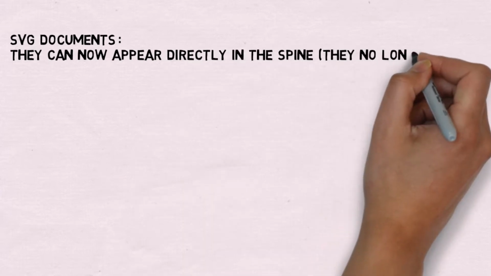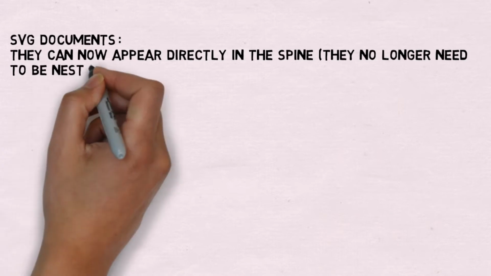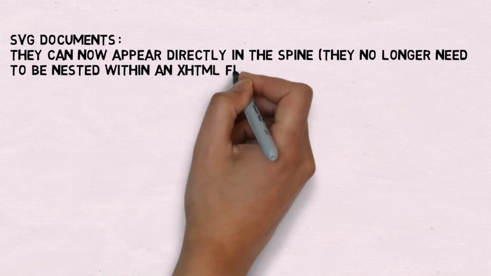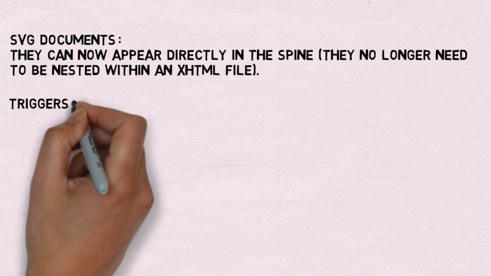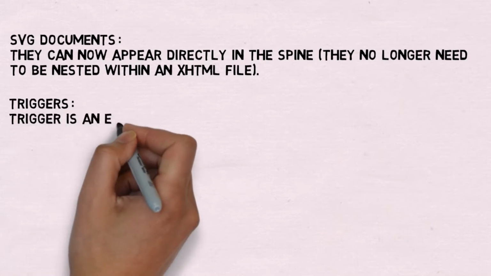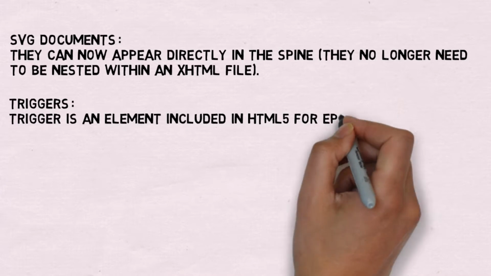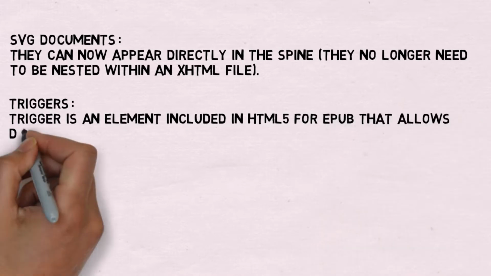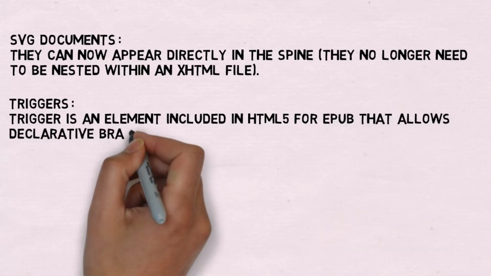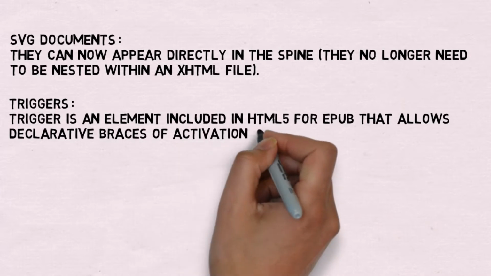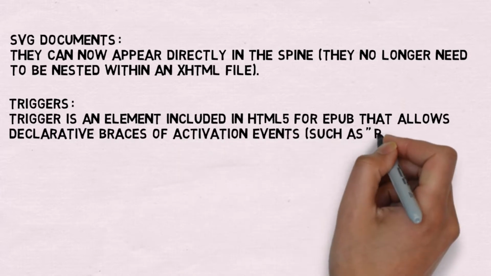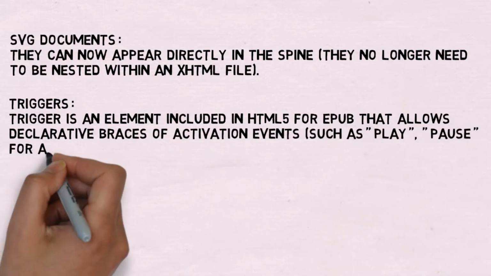SVG documents. They can now appear directly in the spine, they no longer need to be nested within an XHTML file. Triggers. Trigger is an element included in EPUB that allows declarative activation of events, such as play, pause for an audio event.